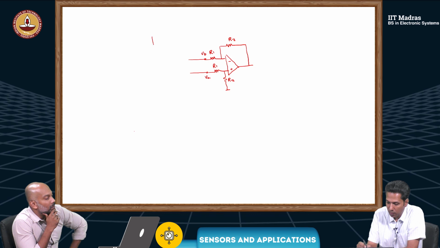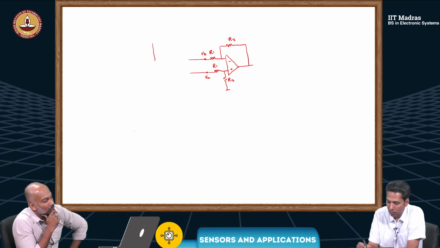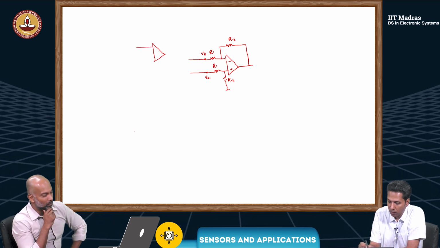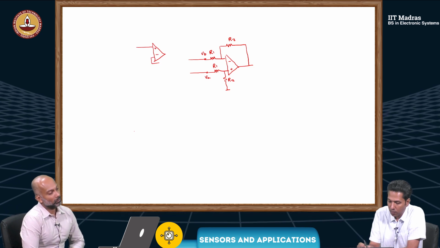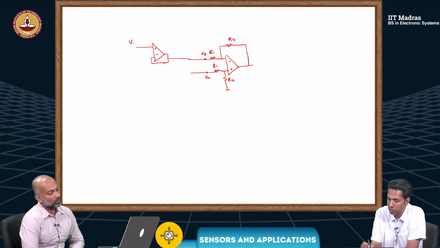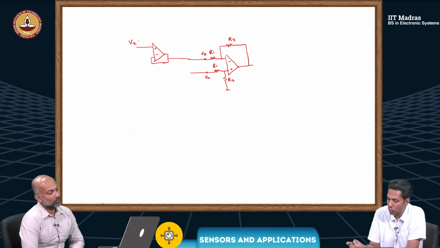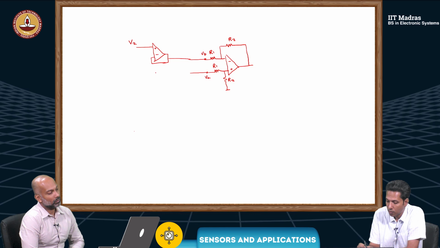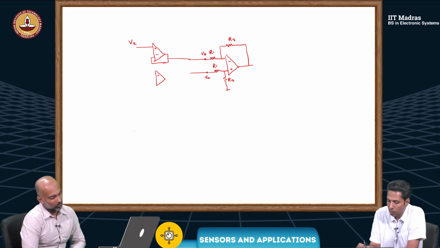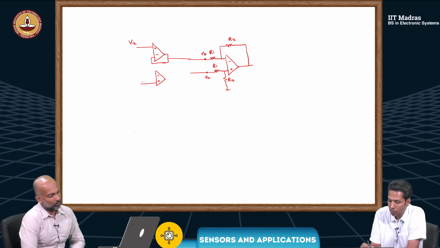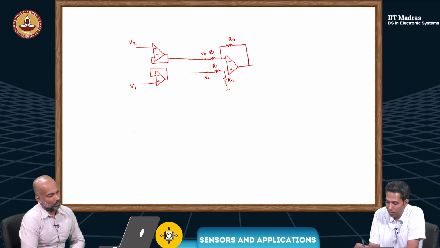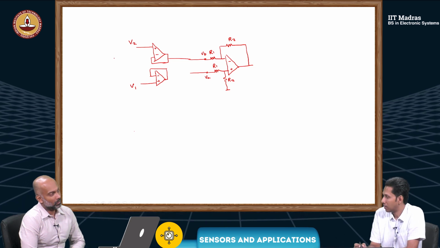Maybe this is V2. Let's say V1. Here we used VA, VB; here it is V1, V2.